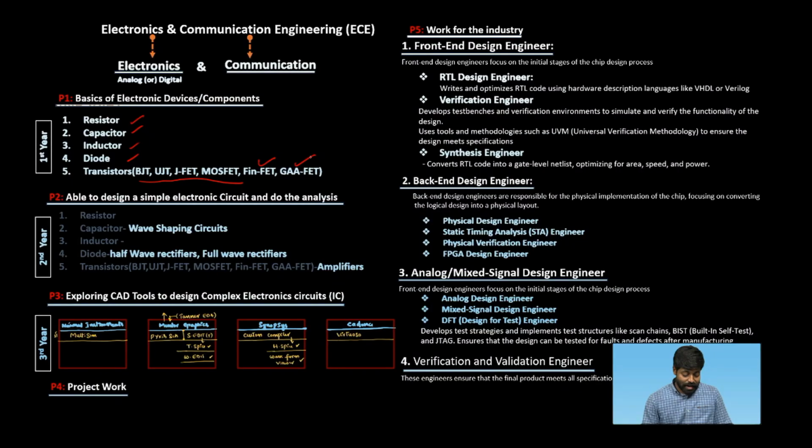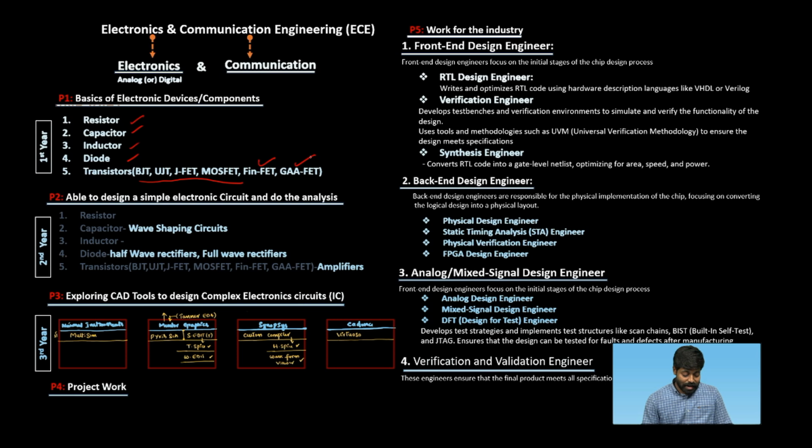And after that there will be some other engineers called DFT, design for test engineers. The design which we have, we have to take to fabrication. After the fabrication process is done, we have to make sure that the device is fault free. So for that they will keep some extra module, an analog module along with the digital module, and they will also connect a built-in self-test module, right?